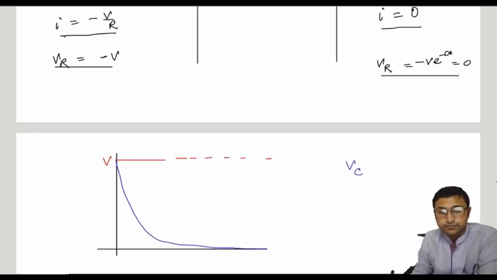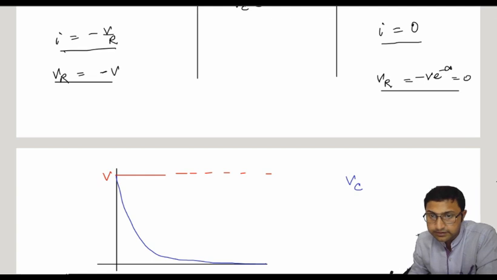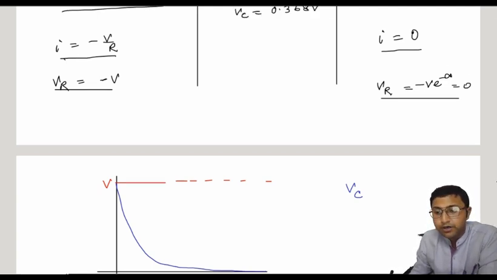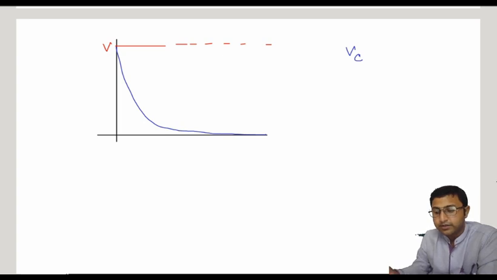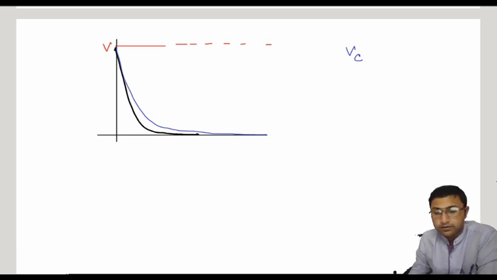Now VR is minus V, and similarly it goes to 0, that means it starts from minus V, the polarity reverses because one is charging and the other is discharging, and it reaches 0 volt. So this is VR.